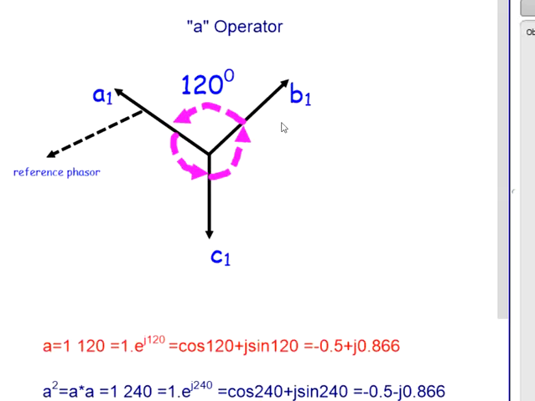Now let us say there are three phasors A1, B1, C1. A1 and B1 have 120 degree displacement, B1 and C1 have 120 degree displacement, A1 and C1 have 120 degree displacement.